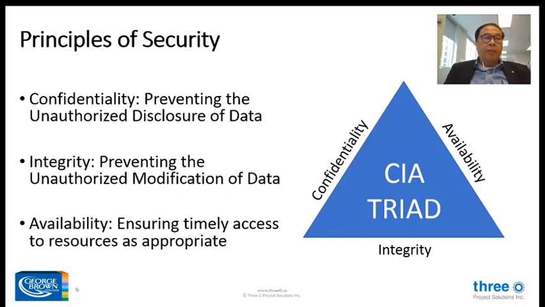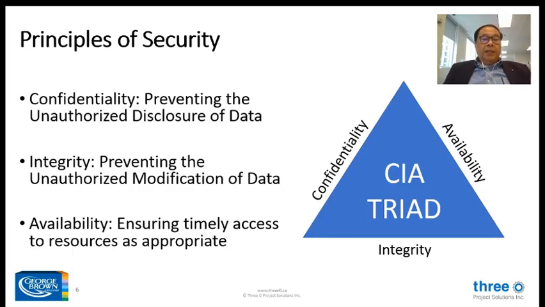We're trying to keep things confidential or keep things secret by not letting unnecessary people, unauthorized people, know about the information. So everybody understands the confidentiality part, the protection of secrets.